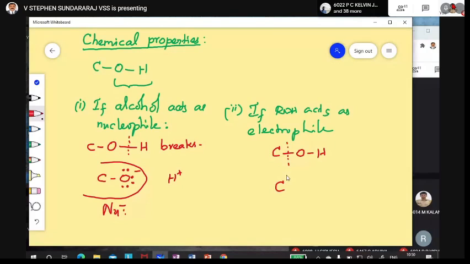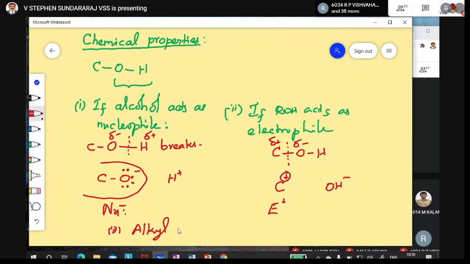This is the alcohol part, and OH minus will go, because this is polar, delta plus, delta minus. Here it is breaking, and the OH will take that electron, so a carbocation will form. So here this is the electrophile.